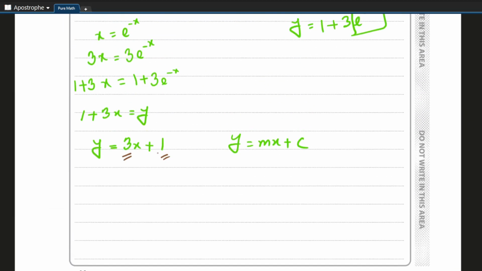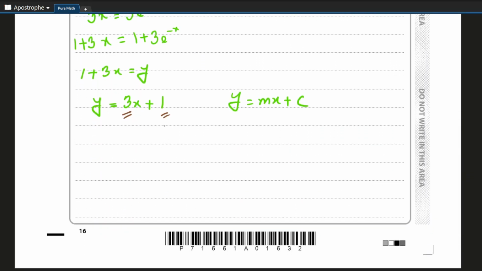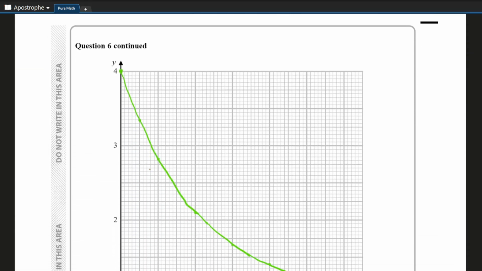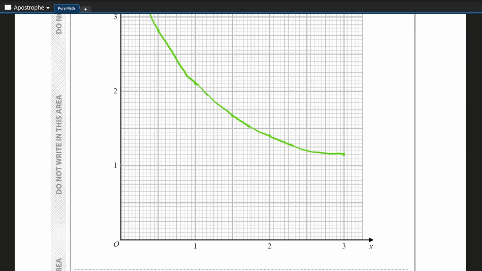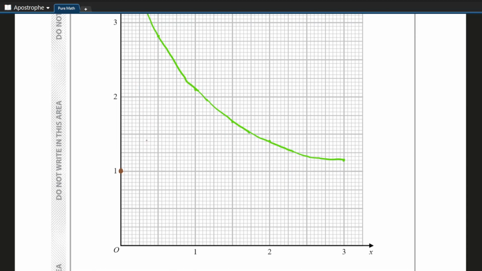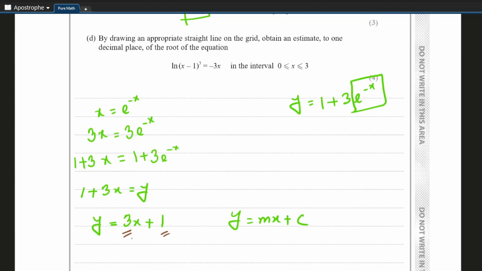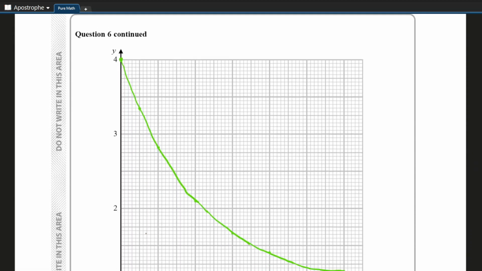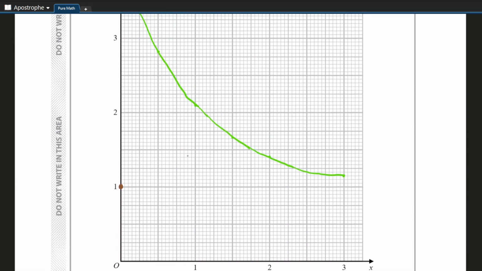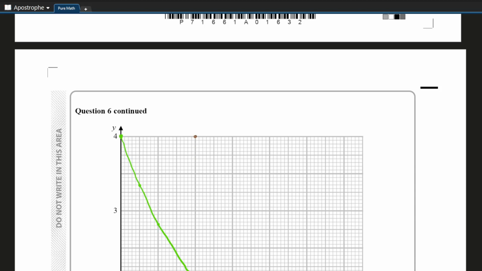So y-intercept is 1, so that means this point, and when x is equals to 1, then 3 1s are 3 plus 1, 4. X is equals to 1, y is equals to 4 right here.